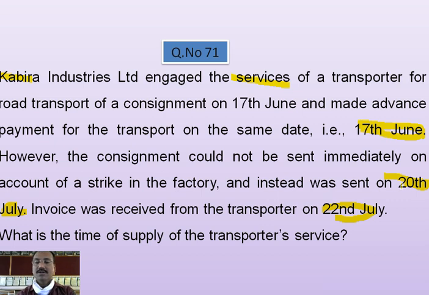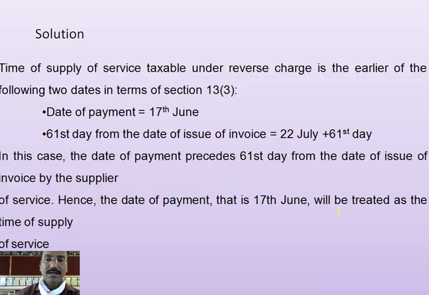Under reverse charge mechanism, that gives 23rd September, and the payment date is 17th June. Out of these two, June is the earlier date. Hence the answer is 17th June, right?